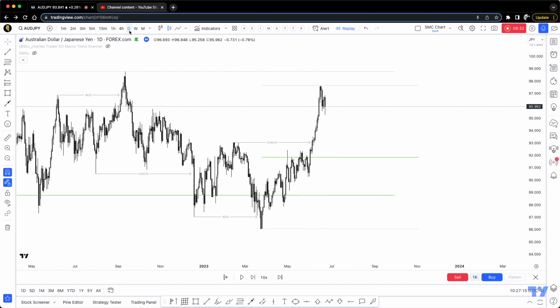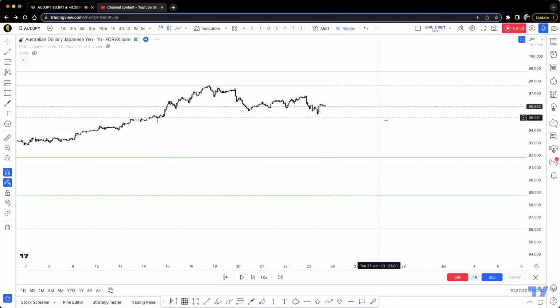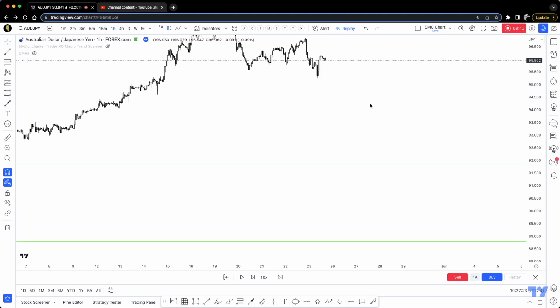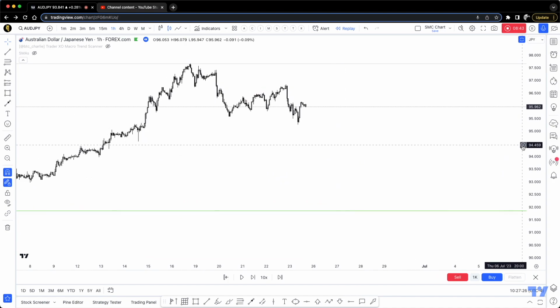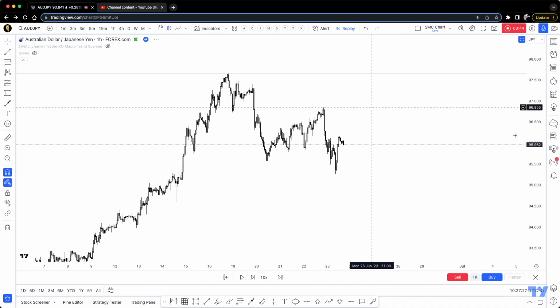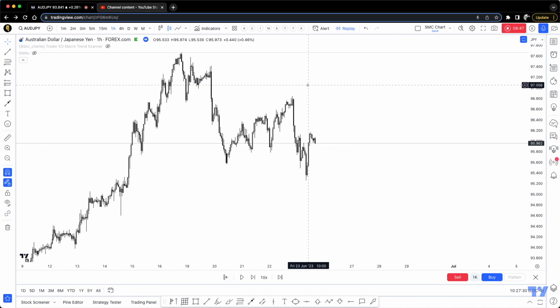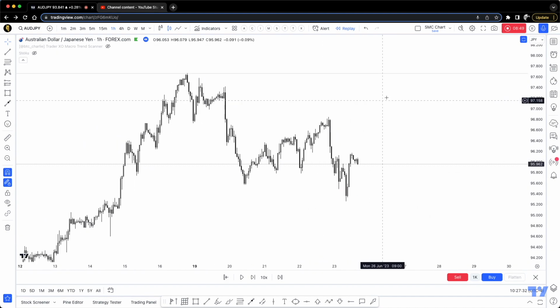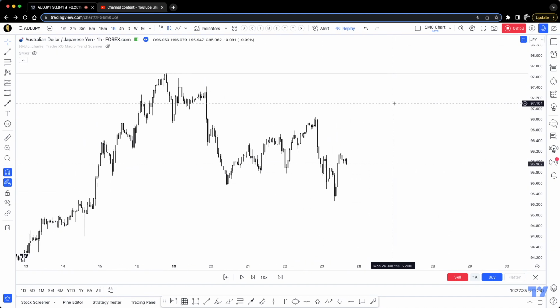I'm still on the daily. You can actually go into lower time frames. Let's go to the 1 hour or maybe 15-minute just to see what happened. In here, you see in lower time frames, we're having a CHoCH.